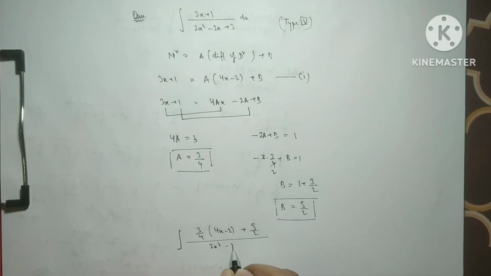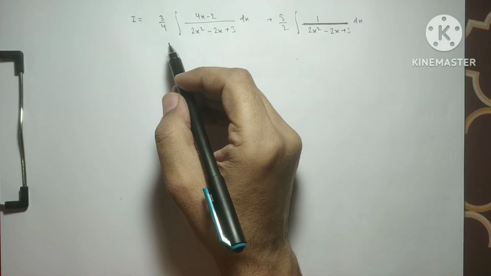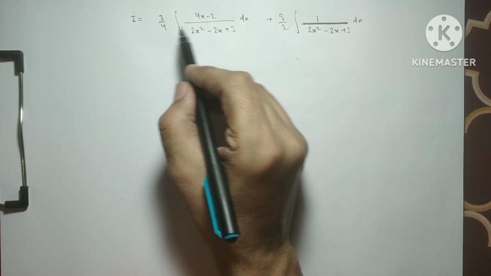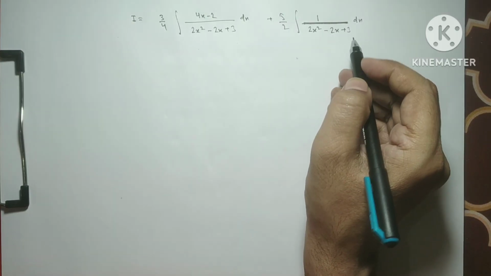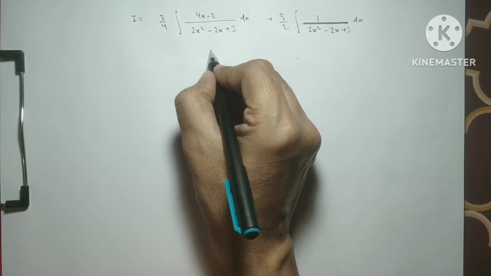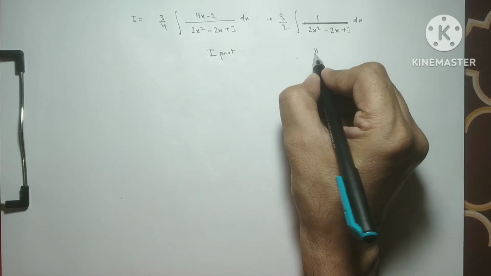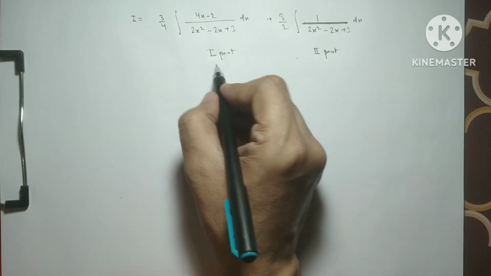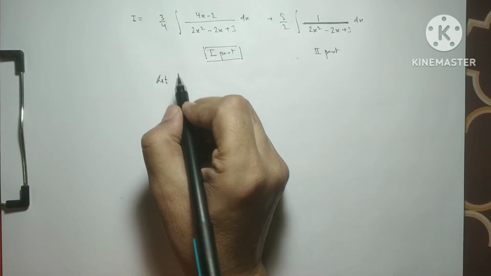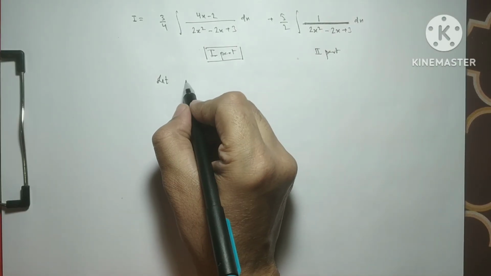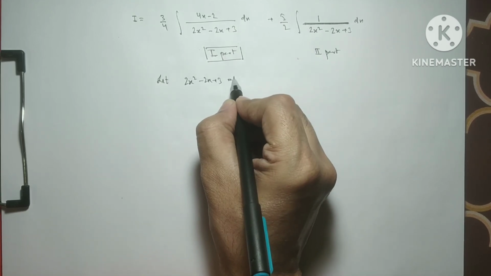So it is 2x square minus 2x plus 3. So right now this is converted into 3 by 4, 4x minus 2 over denominator, plus 5 by 2, 1 over denominator. So this is the first part, and this is the second part. So according to this, we assume this denominator 2x square minus 2x plus 3 as t.